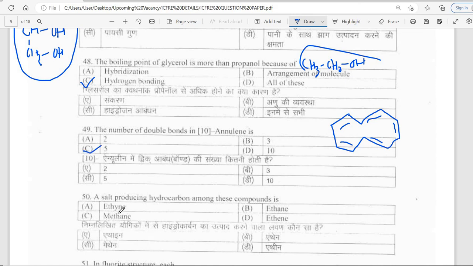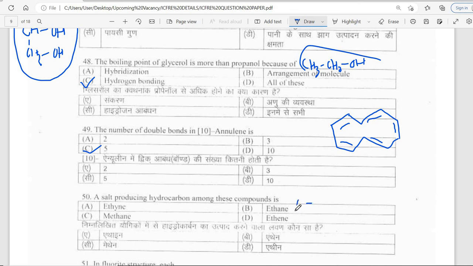And the last one is a salt producing hydrocarbon among these compounds: methane, ethane, and ethene, ethyne. The salt producing hydrocarbon is the hydrocarbon which is more acidic, that can easily liberate hydrogen and produce the salt by reacting with a base. Among these, ethyne is the more acidic because it contains an sp hybridized carbon atom, which is more electronegative, and that's why it can easily release H plus ions to form the salt.